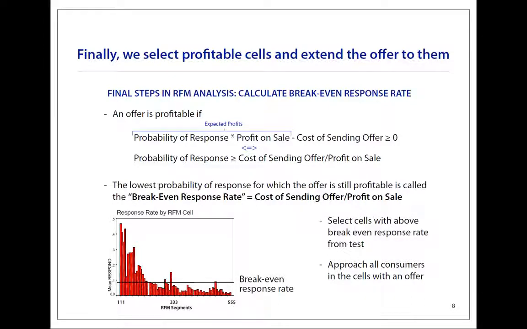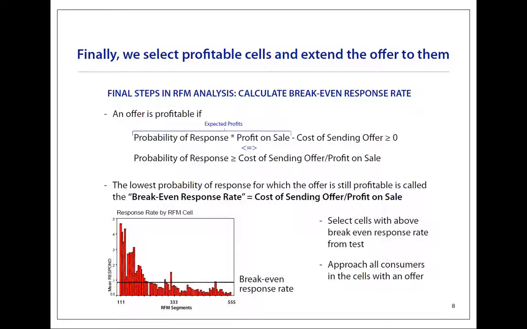To understand this break-even response rate, it basically means that if a segment has a response rate higher than this break-even, by sending out this offer to them, on expectation, I can make money. But if a particular segment has a response rate lower than that cutoff, lower than this break-even, and I send the offer to them, on expectation I will be losing money.